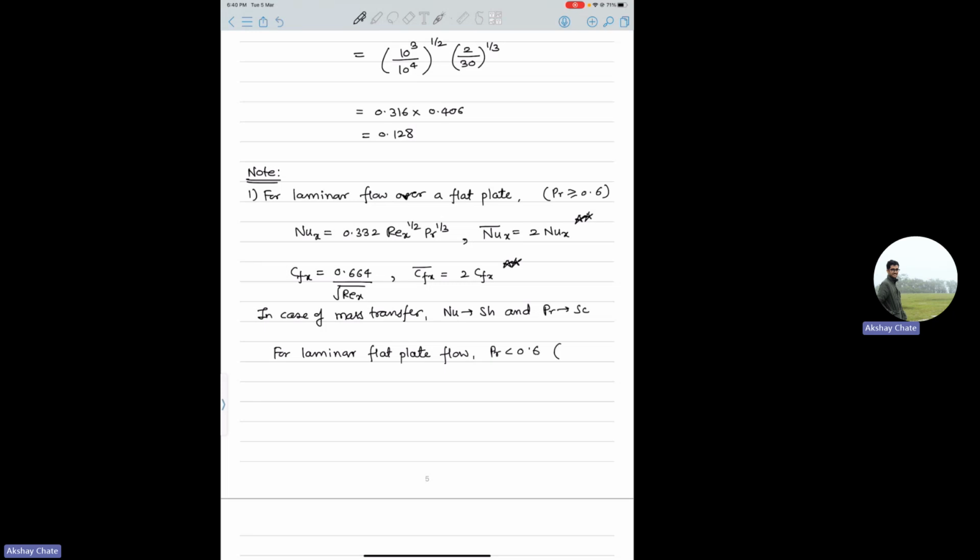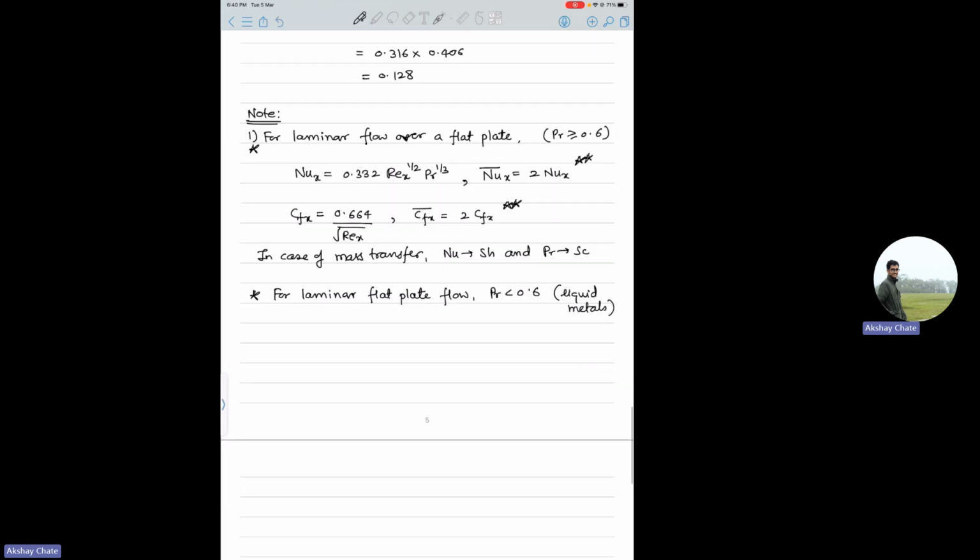It's a very rare case that you'll be asked this, but you should know that in this case the scaling changes. So maybe I'll put some star marks here, and in this case your Nusselt number becomes 0.565 Re to the power 1/2, Pr to the power 1/2.